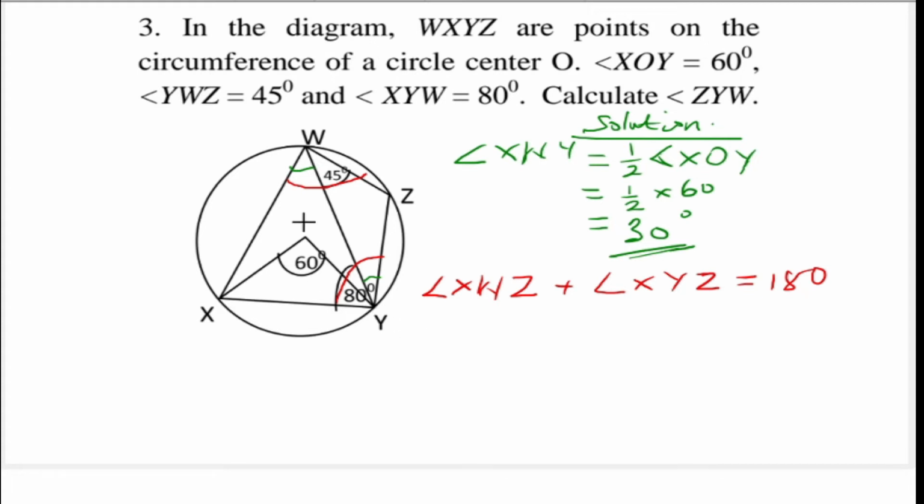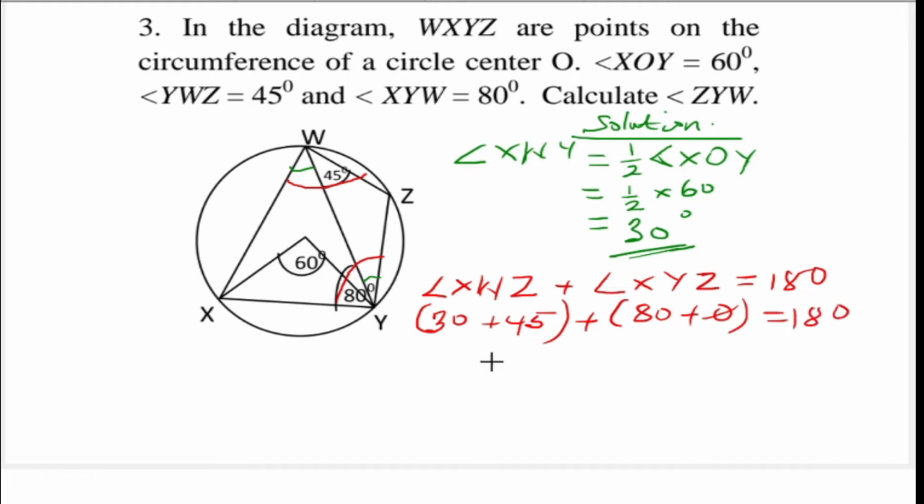So our angle XWZ is this angle here, 30 degrees plus 45 degrees, then plus our angle XYZ here, which is 80 plus the small angle ZYW, which is the angle we are looking for. So that is also 80 plus, let me call it theta. And that should give us 180 degrees.